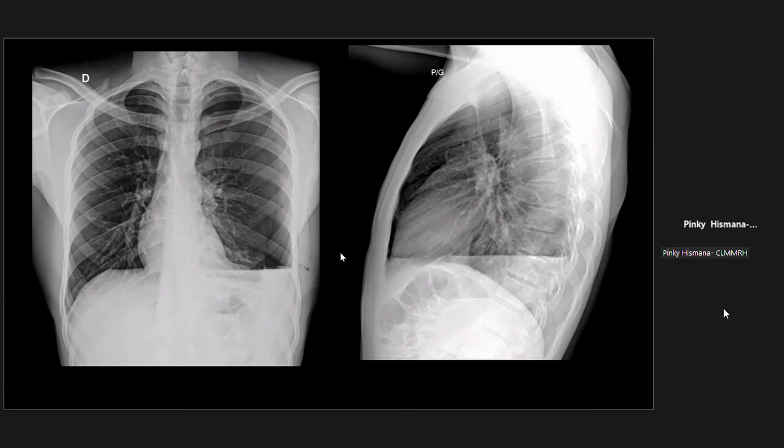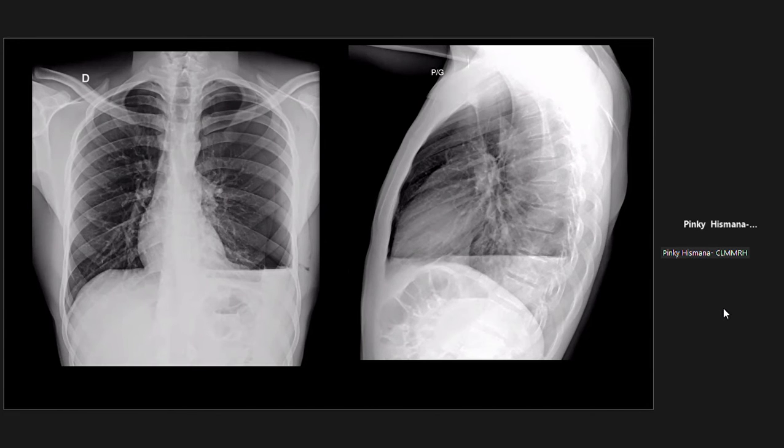Probably Kevin Maranyon could help us identify what's wrong with the left lung? What's wrong with the left lung? Kevin Maranyon, is he around? It looks like there is tissue in the left lung growing.